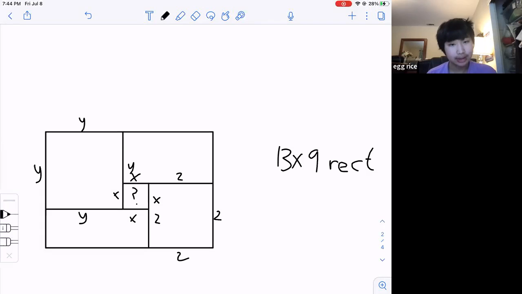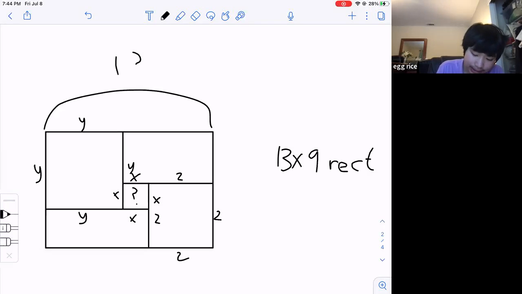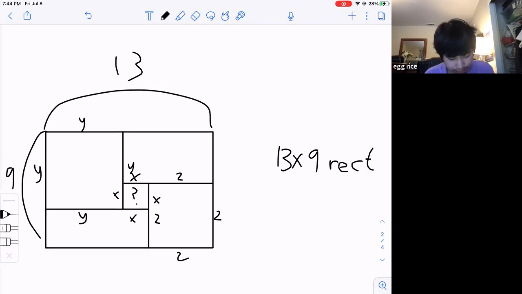So I think you should think about it for a bit, and then see if anyone has any ideas of relationships between these variables. And by the way, this total length is 13, and this total length is 9. So does anyone have any ideas about how we can figure this out?